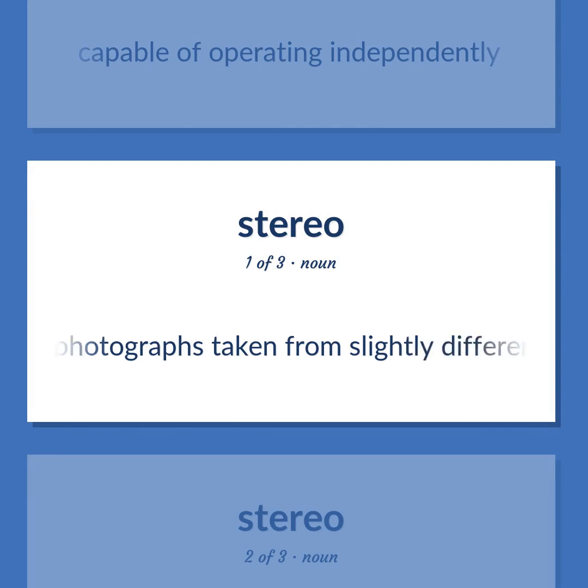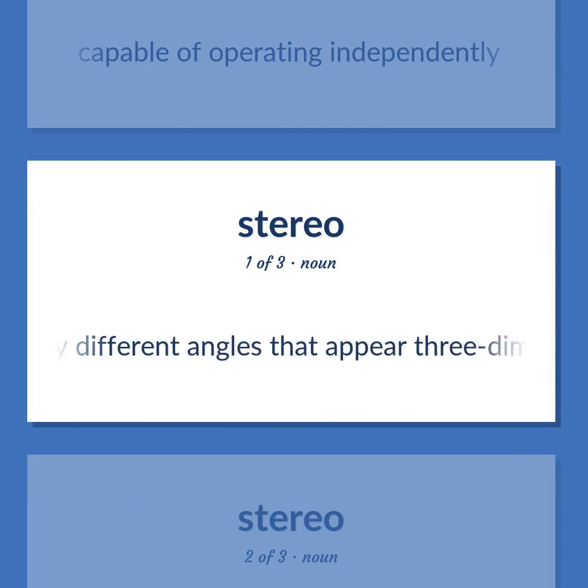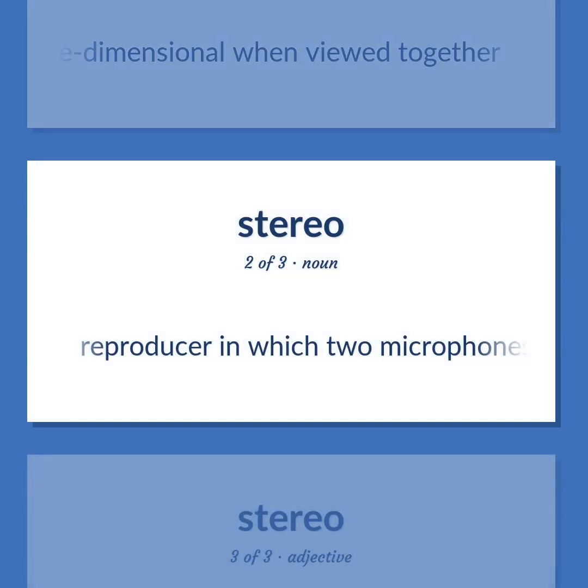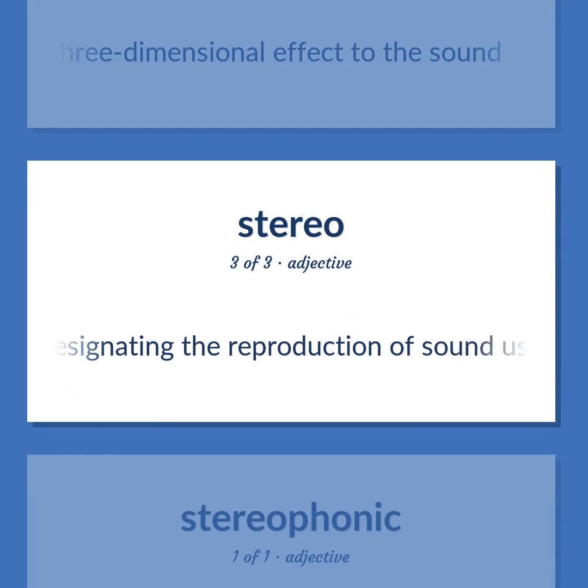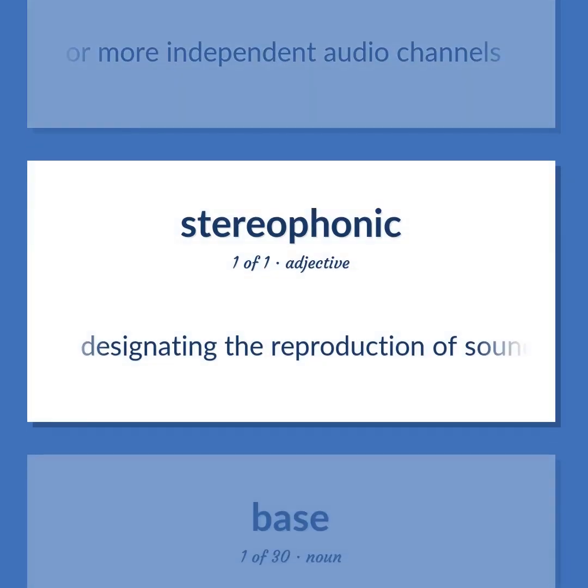Two photographs taken from slightly different angles that appear three-dimensional when viewed together. Reproducer in which two microphones feed two or more loudspeakers to give a three-dimensional effect to the sound. Designating the reproduction of sound using two or more independent audio channels.